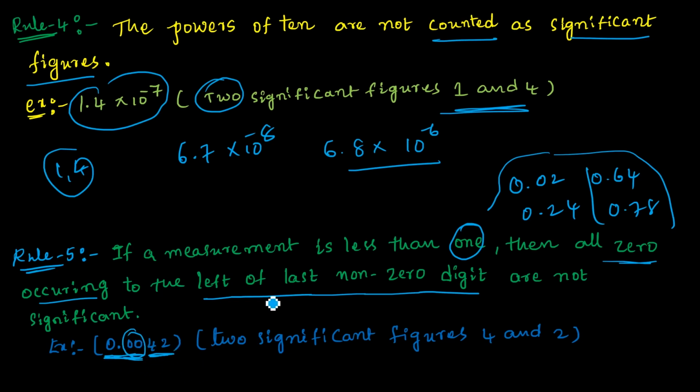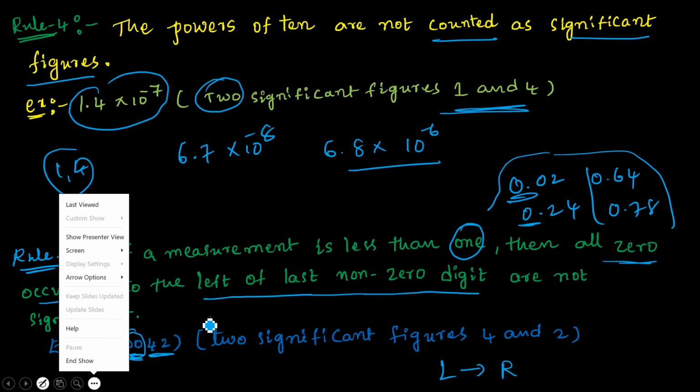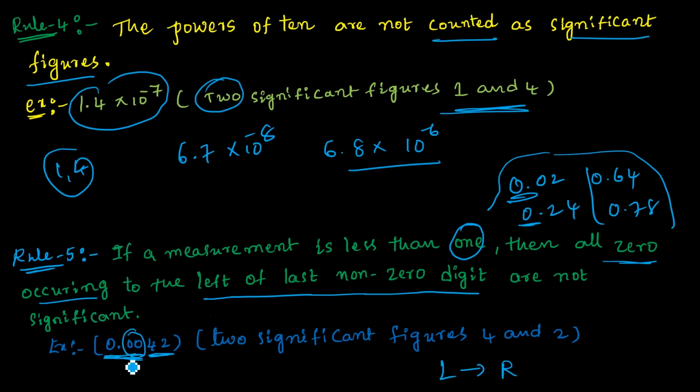I already said, going from left to right, in this direction these zeros cannot be taken as significant figures.